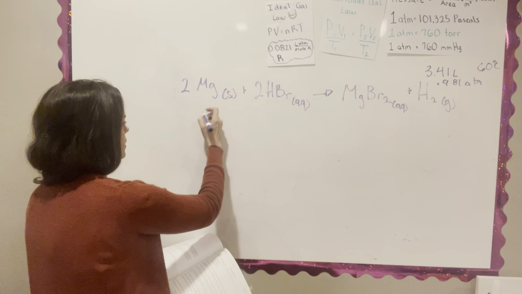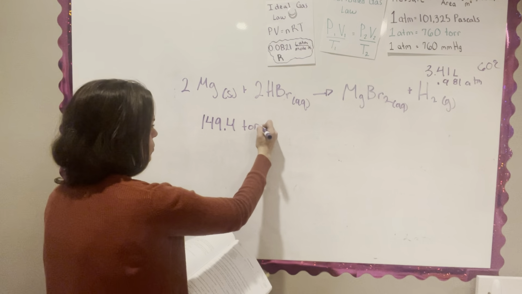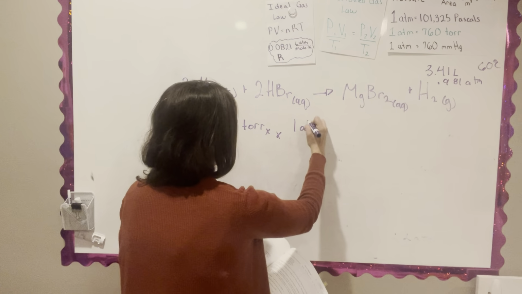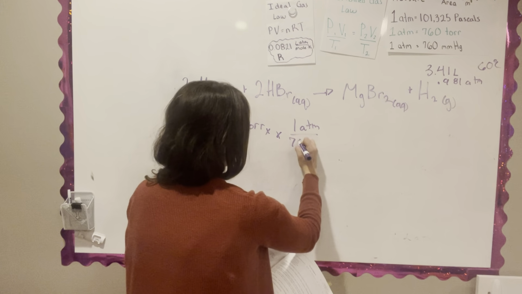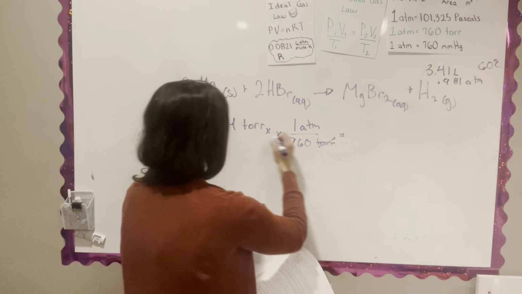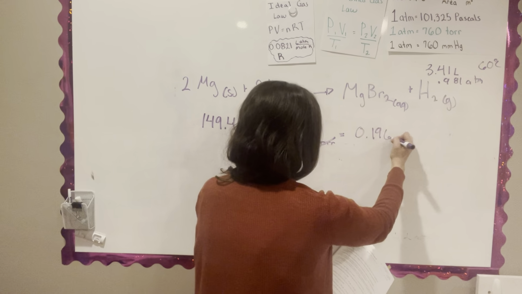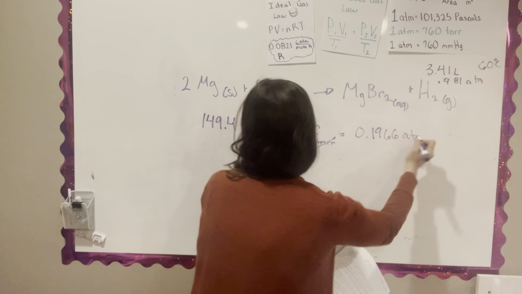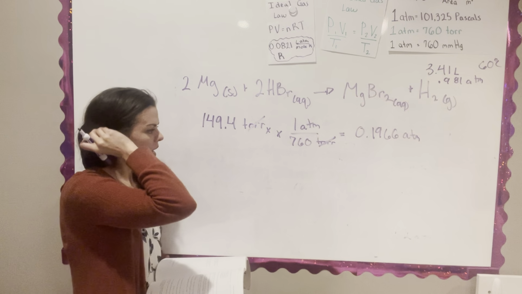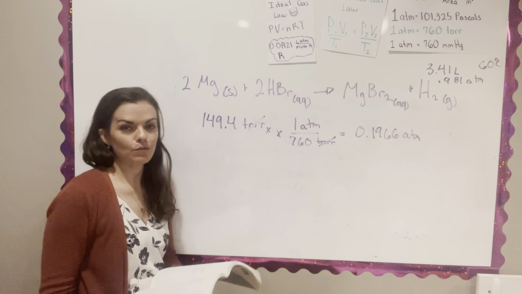So it's at 149.4 torrs. I'm going to calculate that to atmosphere. 1 atmosphere is 760 torrs. So if I have 149.4 torrs, and I'm going to divide that by 760 torrs so that I get it in atmosphere.